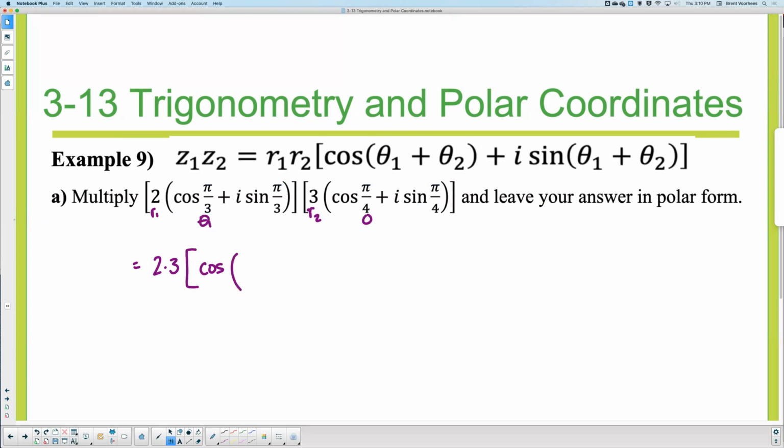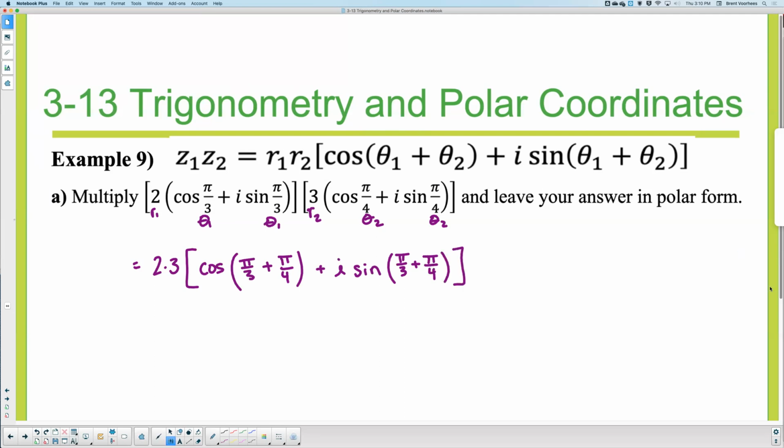This is theta 2. Notice this is also theta 1. This is also theta 2. So I want to take my pi over 3 and add it to pi over 4. And then I add the i sine of, again, theta 1 plus theta 2, which is pi over 3 plus pi over 4.